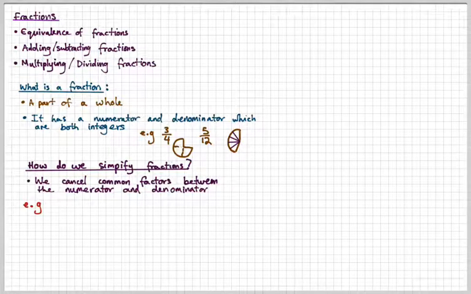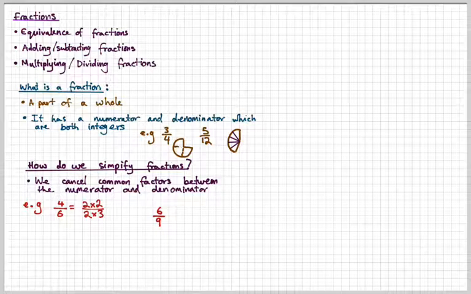Okay, an example, 4/6. So 4/6 we could write as 2 times 2 over 2 times 3. Now this is how I'm going to ask you to simplify fractions. I want you to turn it into its factors.